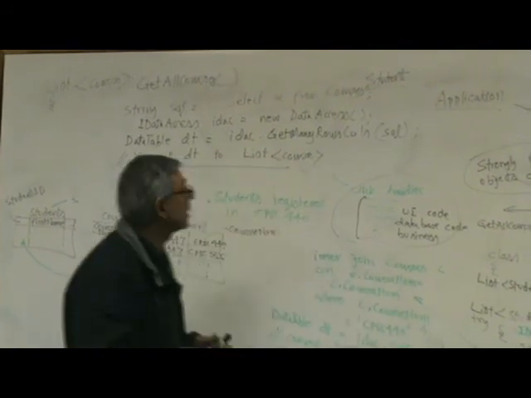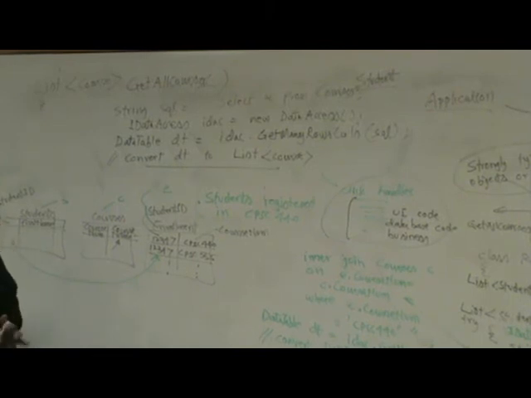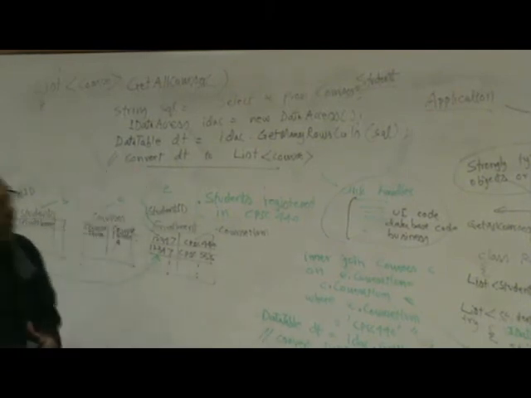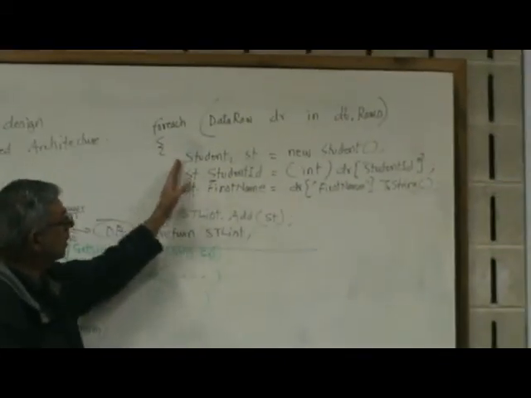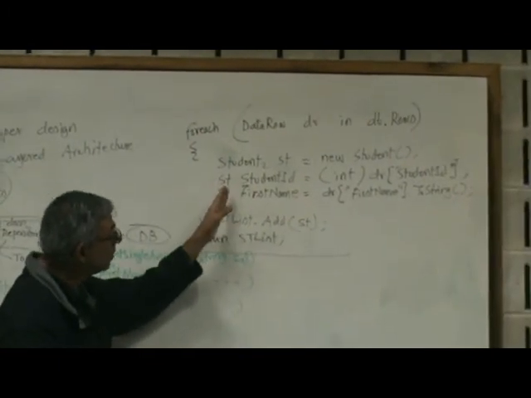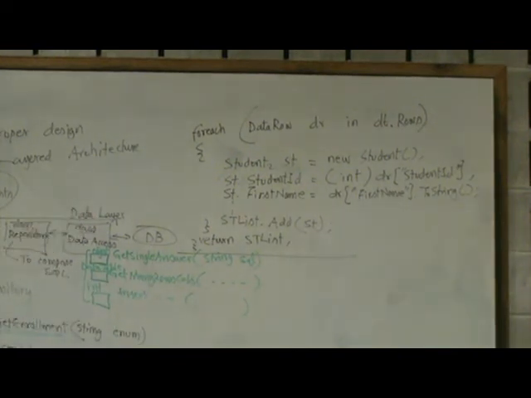If we can make this last part generic, we will save so much effort because this is a tedious part. For example, if we were converting the student data table to a student class and filling all these fields, if we can generalize it, it will save us so much work, because from then on, the repository will simply compose SQL, issue it over here, and then call one line of code to convert it to the list.